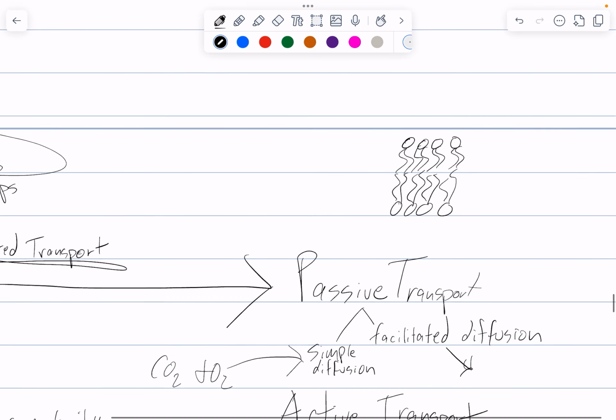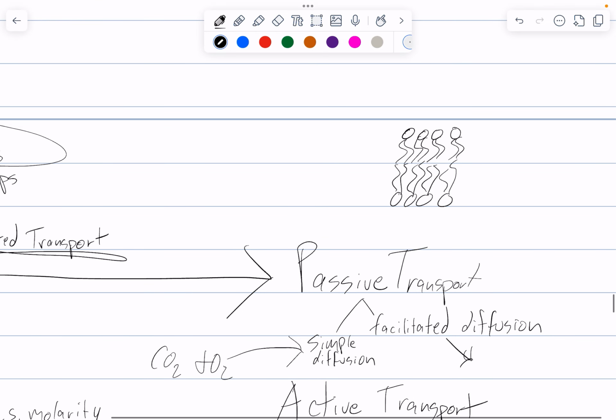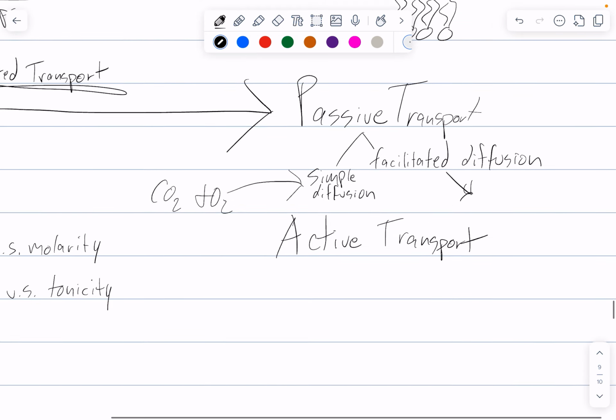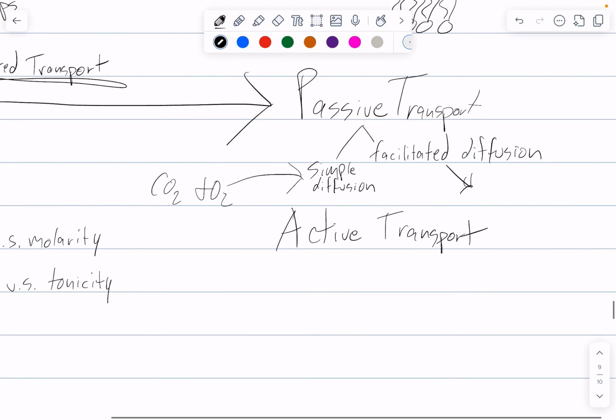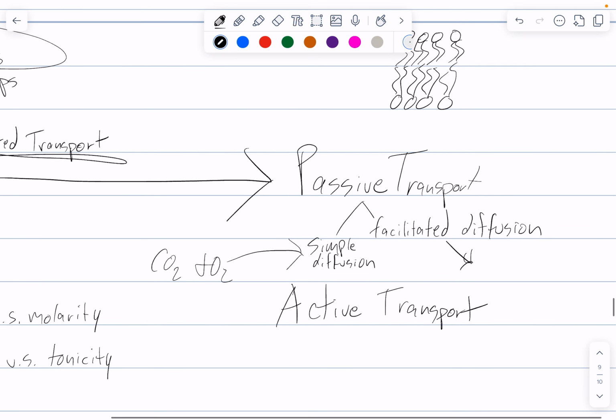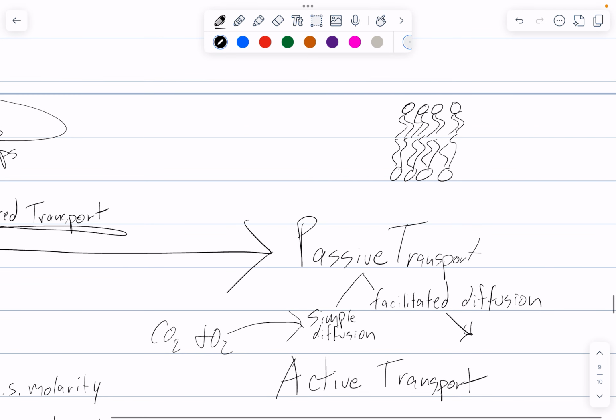And that is what makes things harder to get through the membrane. And permeability is the ability to go through the membrane. So there are different channels that are used to help things get through the membrane.